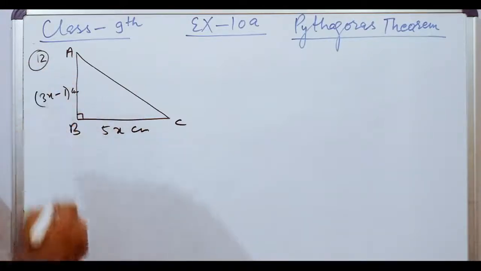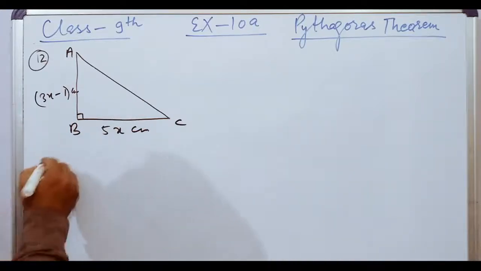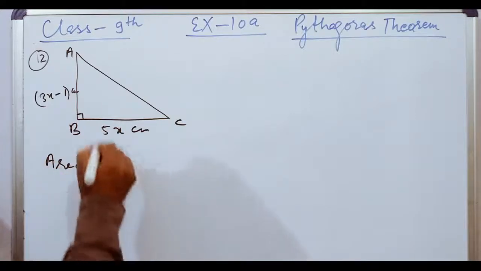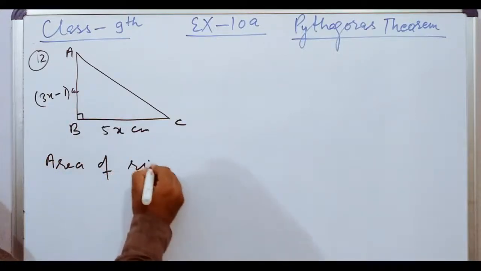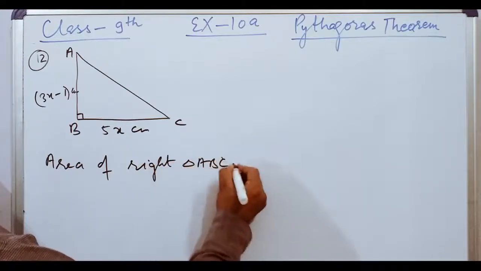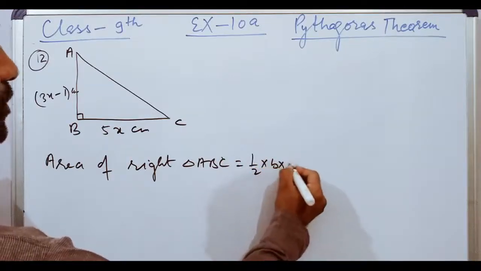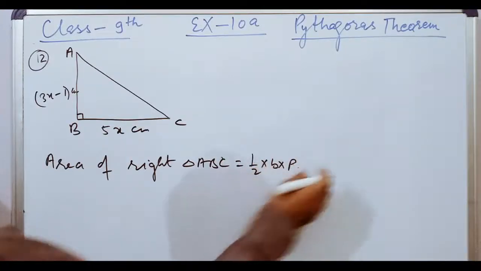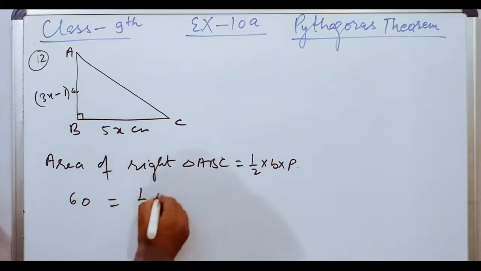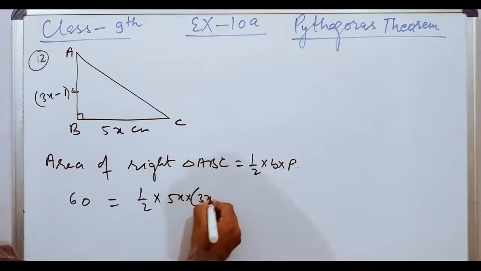And area is given 60 centimeter square. So area of right triangle ABC equal to half into base into perpendicular.